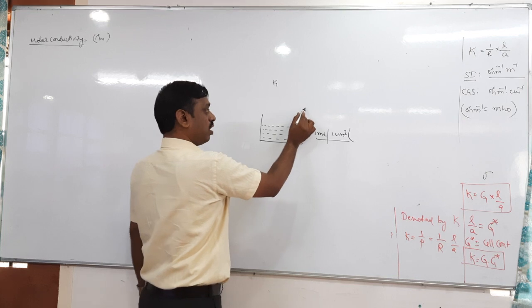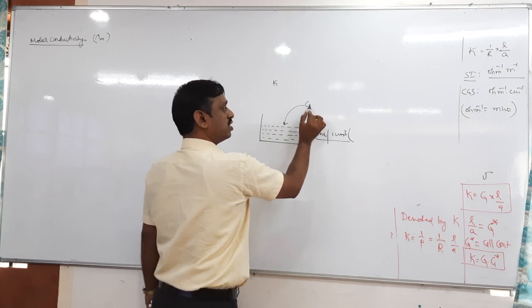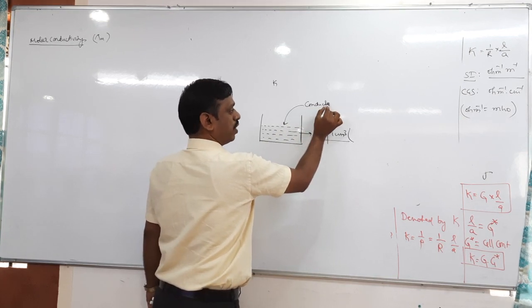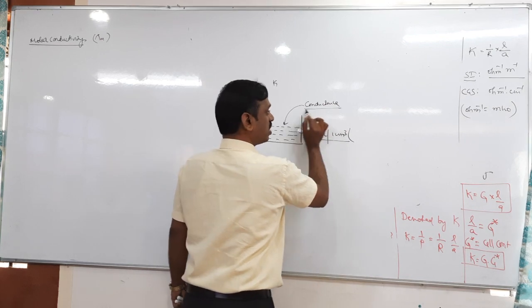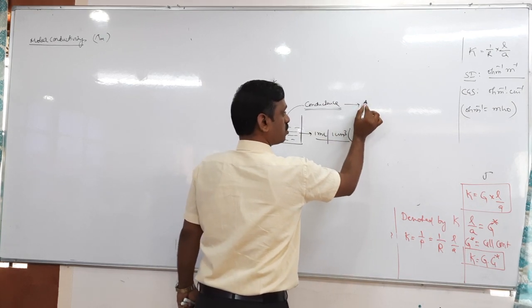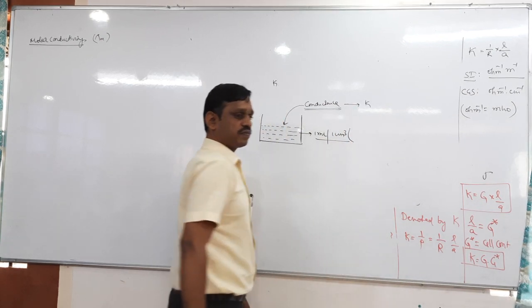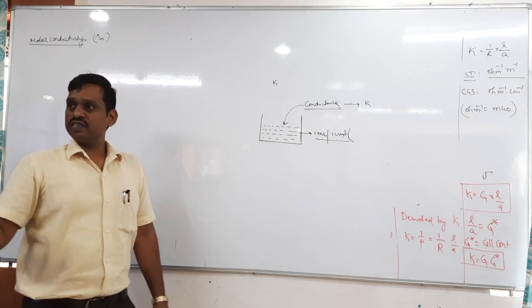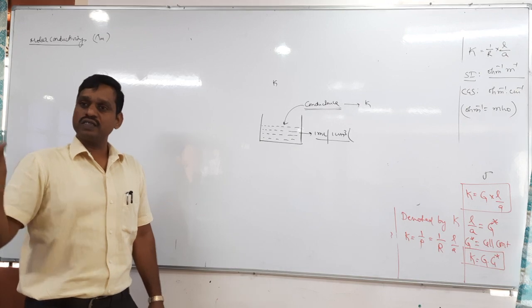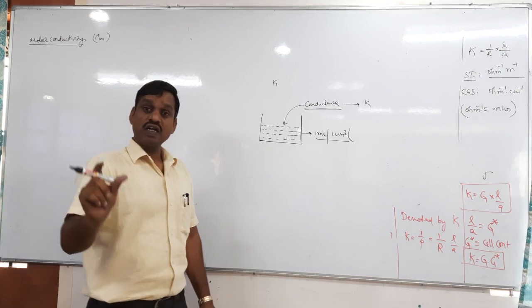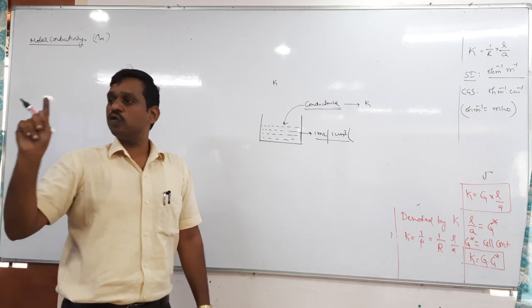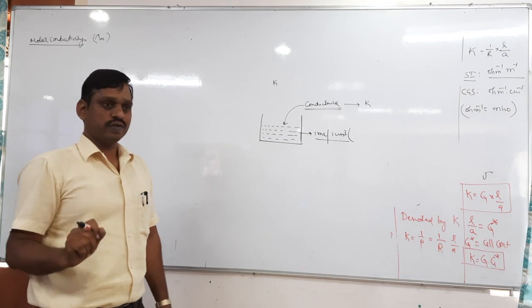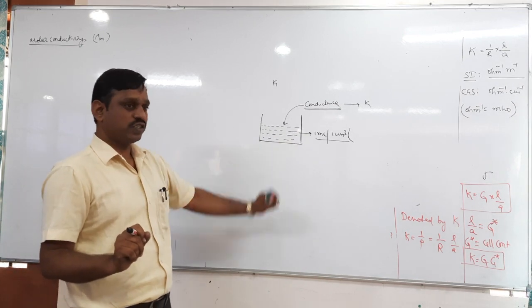In this electrolyte you can measure the conductance. That conductance is nothing but specific conductance, nothing but K. You understand? Conductivity is the conductance of 1 ml or 1 cubic centimeter of electrolyte solution. Therefore, the volume is fixed.